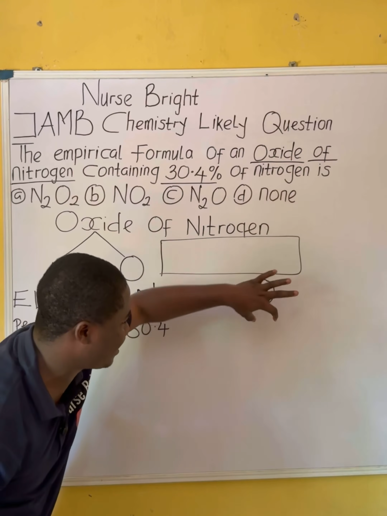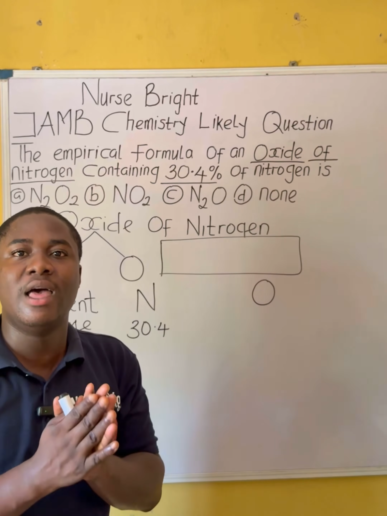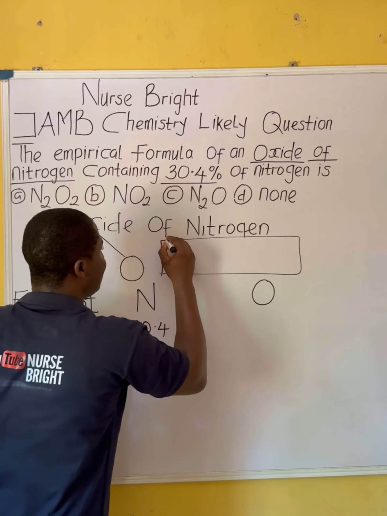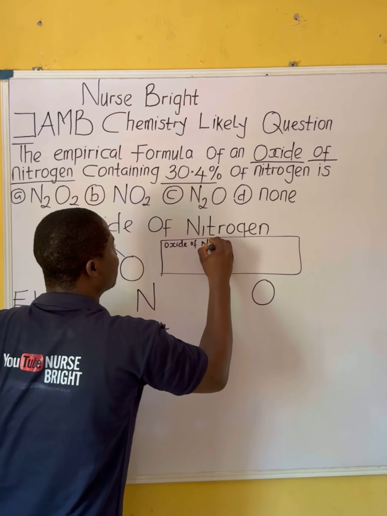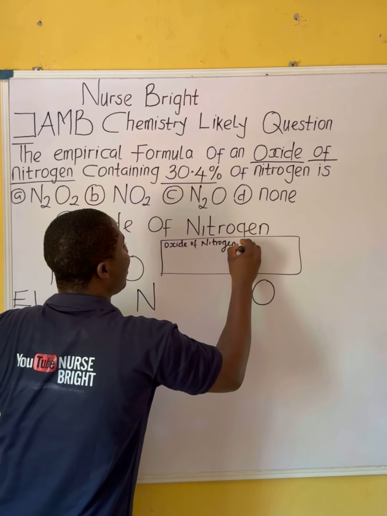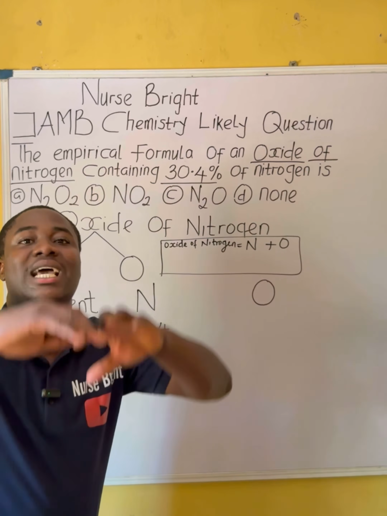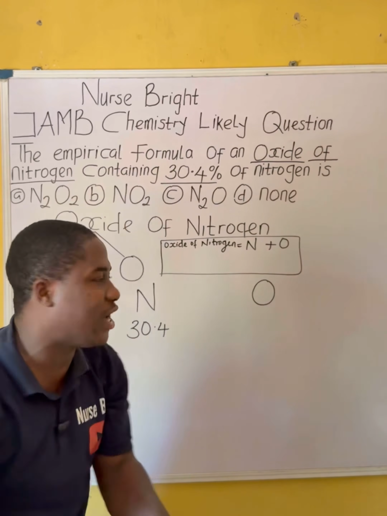If you don't know the percentage composition of oxygen, you will not be able to solve for the empirical formula in this question. So this is how it works, guys. The compound in general is oxide of nitrogen, and I believe you are now aware that it is made up of nitrogen and what? Oxygen. And I told you already that normally the percentage composition of all compounds must equal 100%.